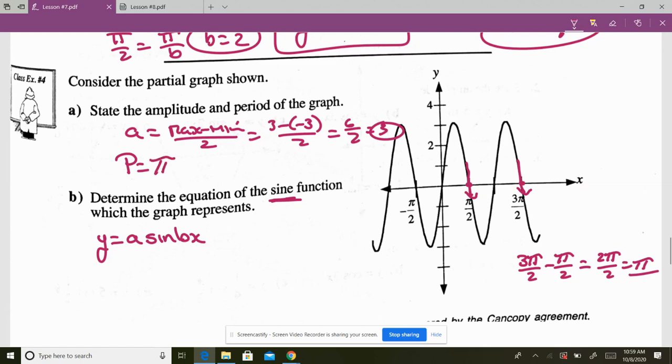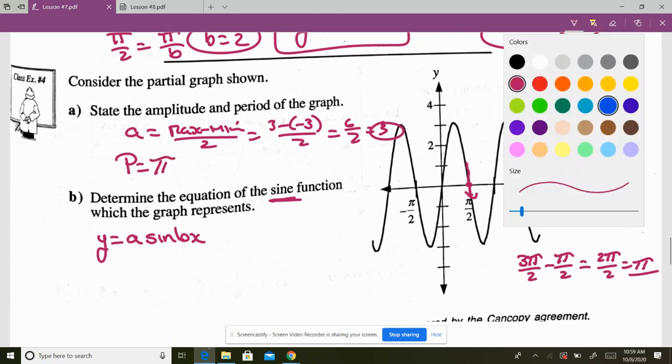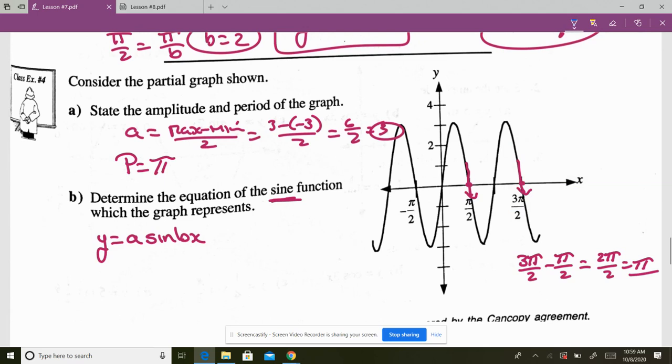The other way, and sometimes this is valuable, is if you realize that each line here is worth pi over 2 units. If I start here and this is rising, the next rising part is 2 units away. So it would just be 2 times pi over 2, which is just pi as well. I don't care how you do it, but I'm giving you a couple different ways to figure it out.